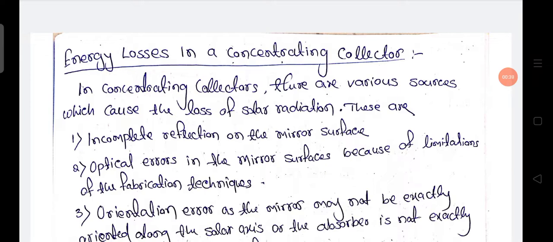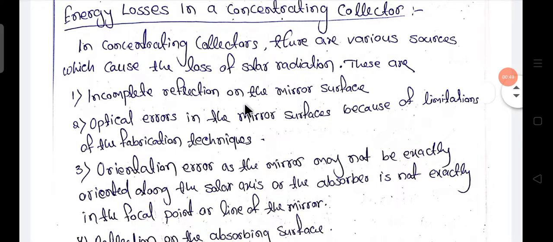Now, in concentrating collectors, there are various sources which cause losses of solar radiation. The first source is incomplete reflection on the mirror surface.